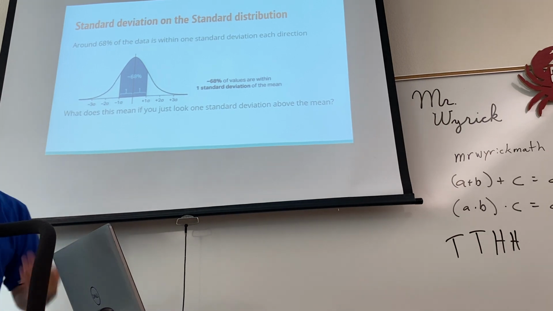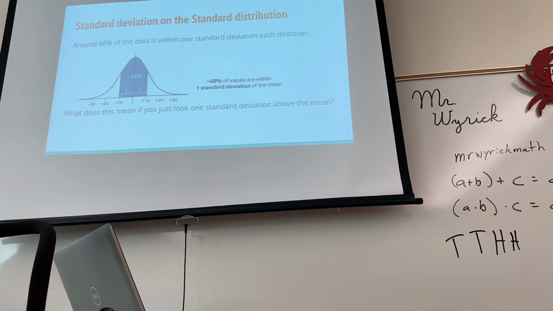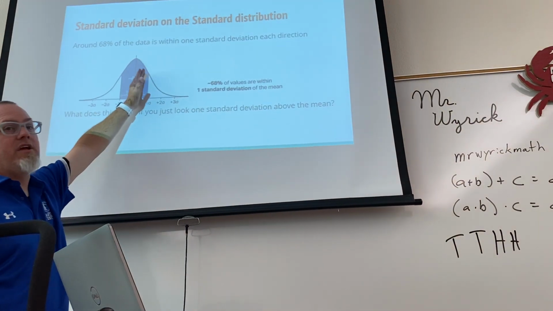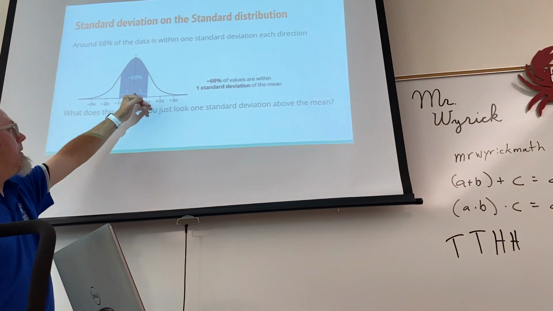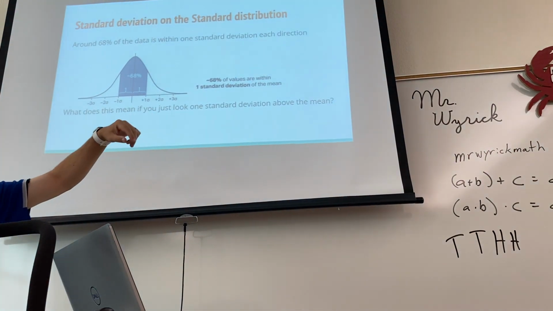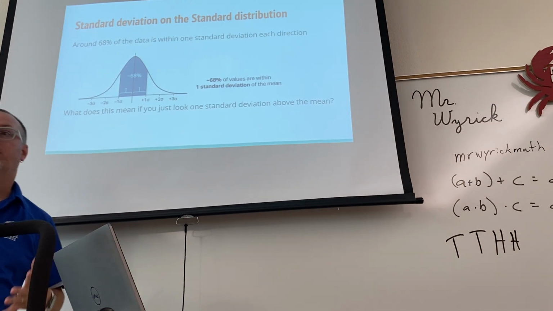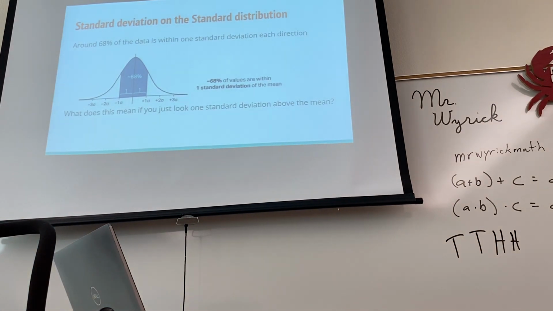Okay, so make sure you know all of this. This whole part within one standard deviation is 68. Up one standard deviation is 34, down one standard deviation is 34. Okay, half on each side. This should all come out really even. All right?